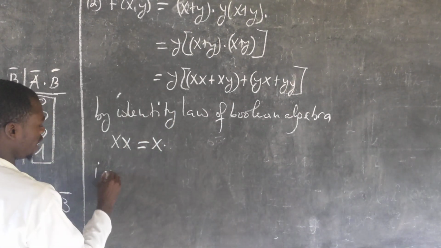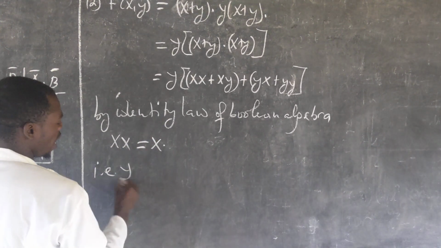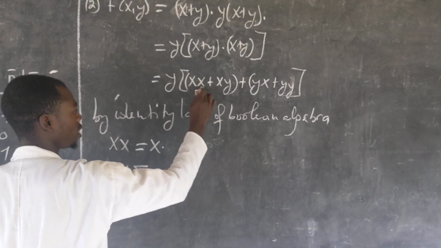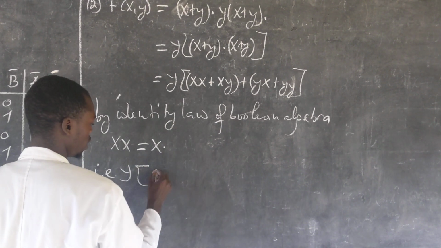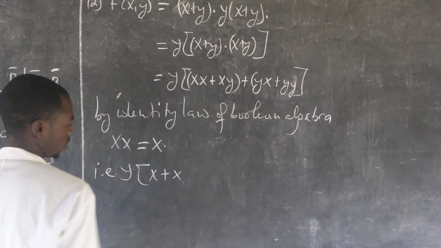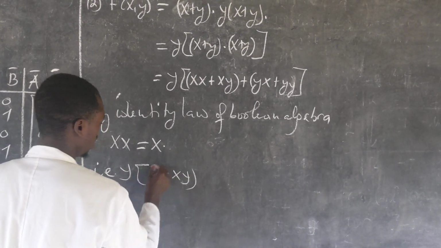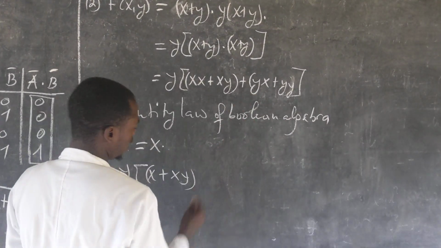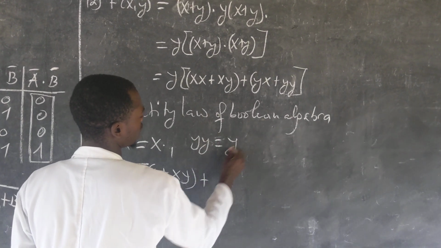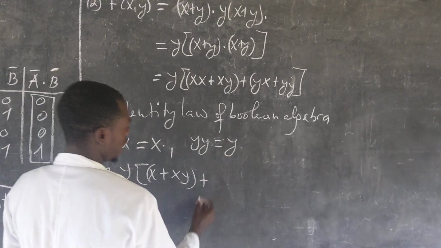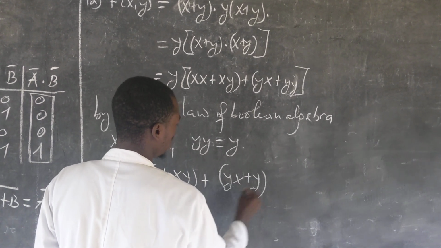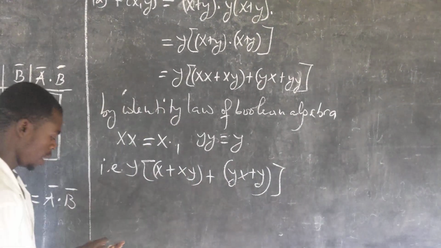So now it means that we have y crossed by, here this x will produce 1x, x plus xy, by using the identity law. And now this y also will produce 1y. So now here, it means yx plus y, then close the square bracket.